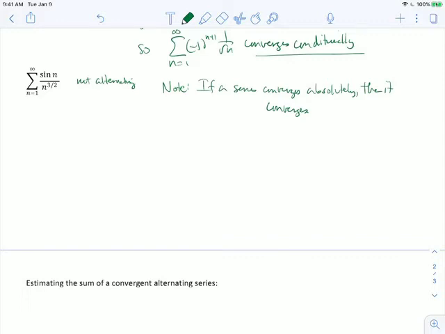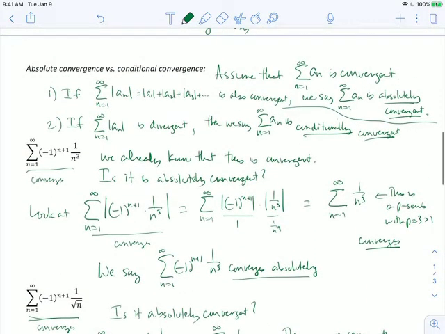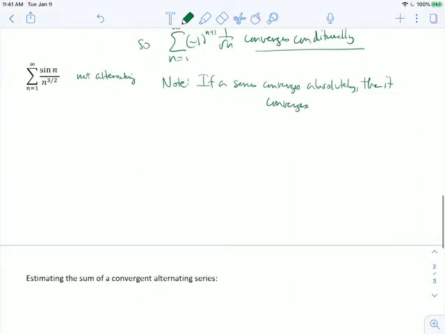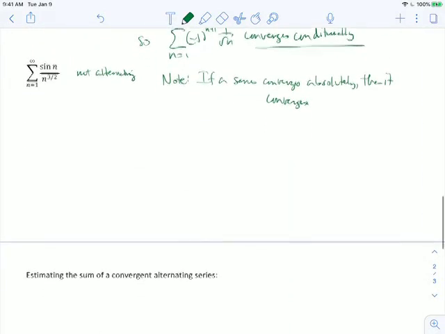So in this particular example, I'm going to tackle the absolute convergence piece first, and then we'll be able to draw the conclusion that it converges from that. If it's absolutely convergent, that automatically means that the series is going to be convergent. So let's see if we can show that this series converges absolutely.